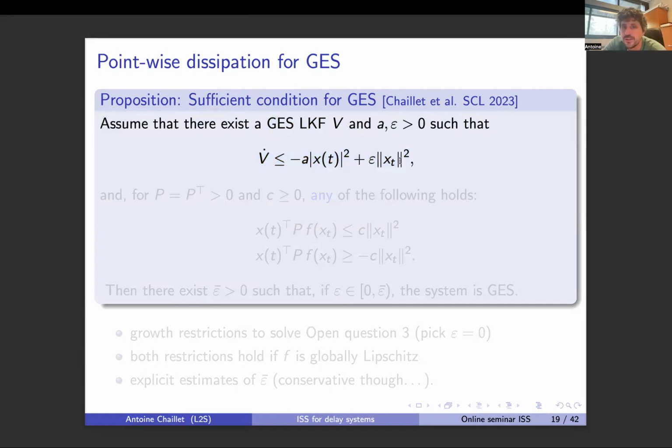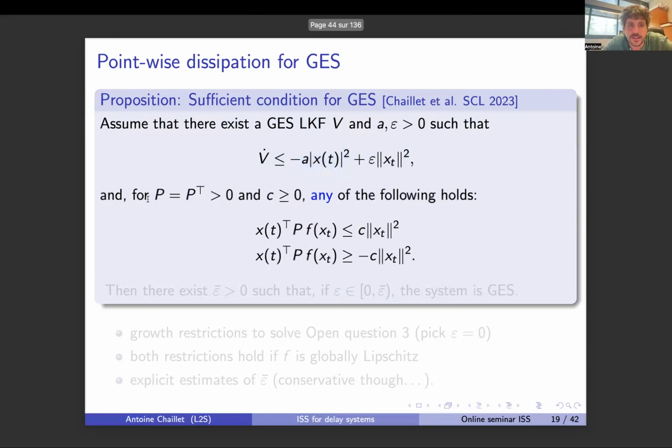So in the case where you consider epsilon equals 0, you're exactly in the setup of the open question I just raised, meaning a pointwise dissipation rate. But I assume more here. I assume that I can find a positive definite symmetric matrix P and a constant C, so that one of these two conditions holds. So what are these conditions?